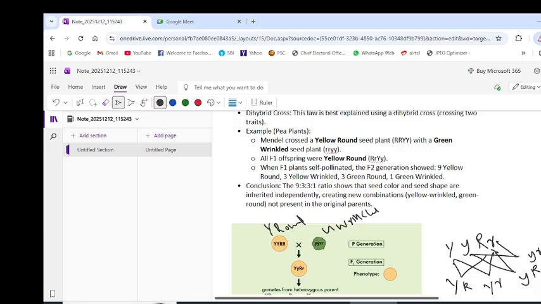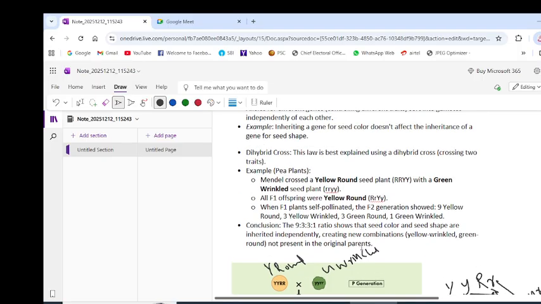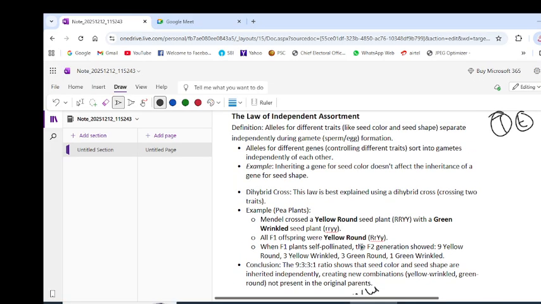Okay, so this is the conclusion he drew, and he formulated the law that alleles for different traits separate independently during the gamete formation. Alleles for different genes sort into gametes independently of each other. That means different characters have different genes, they are sorting out during the gamete formation, but they do not interfere with each other.